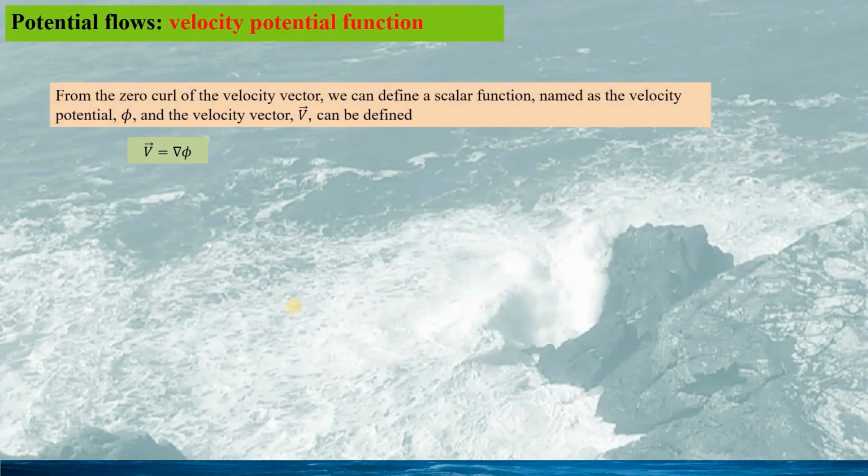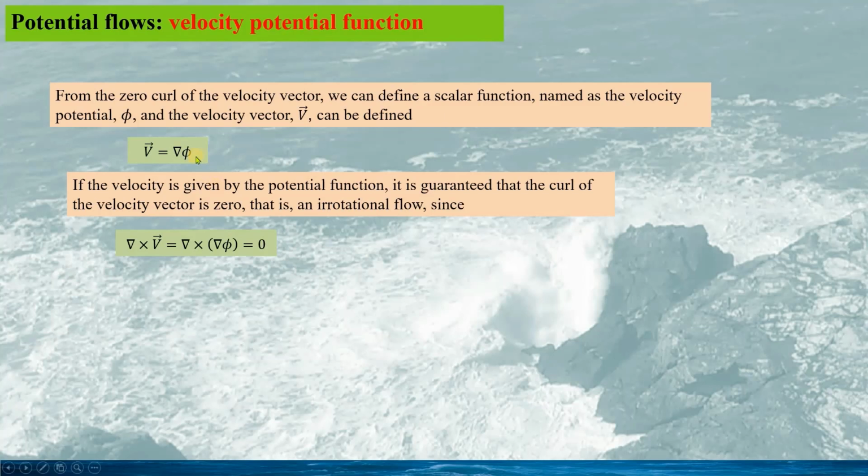For the potential flow, the hypothesis of an irrotational flow means the existence of a velocity potential function phi, and the velocity vector v can be calculated as the gradient of the potential function phi.